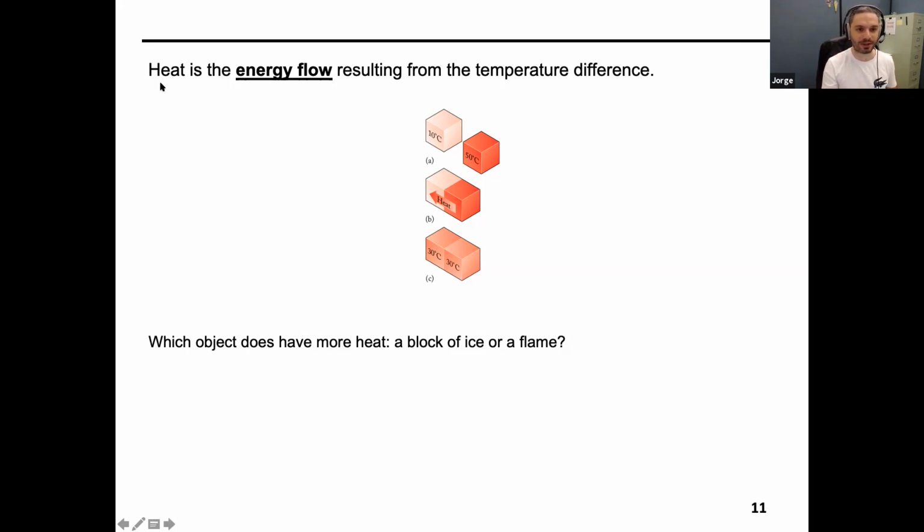Then we defined here heat, always energy flow, resulting from the temperature difference that flows from the higher towards the lower temperature until the two bodies in contact reach the thermal equilibrium.